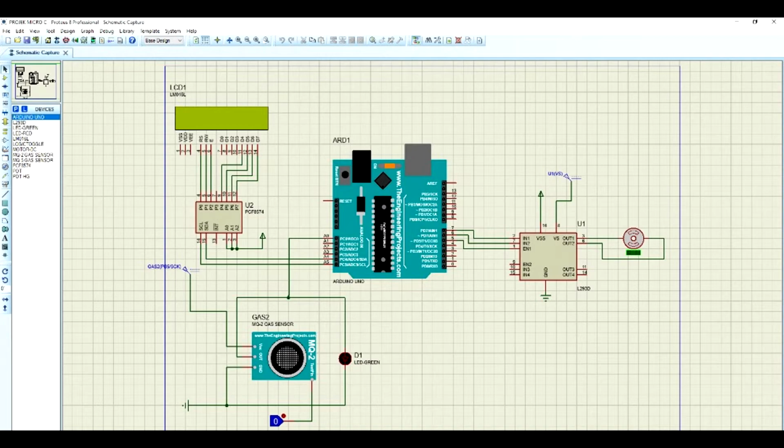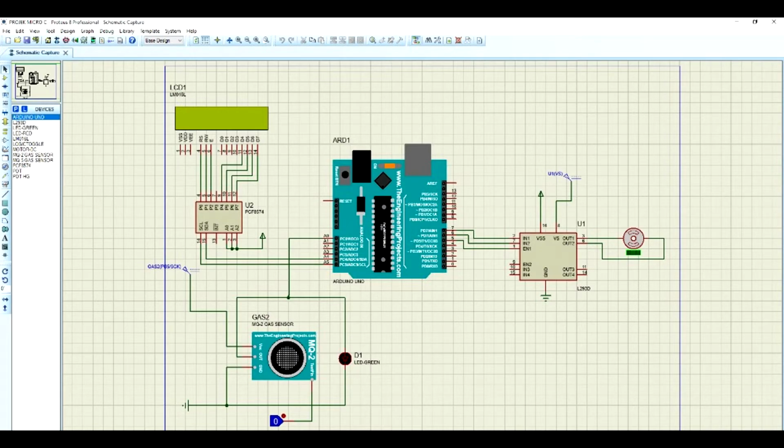Then it is combined to pin A0 at the Arduino Uno. Next, for the analog IC, we also connect from the Arduino Uno, pins 7, 6, 5, to the analog IC pins 2, 7, and 1.